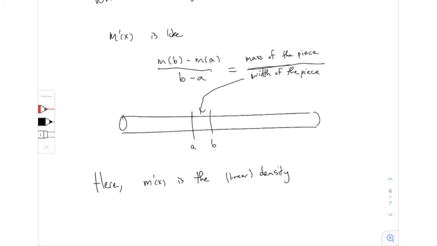The linear density of the rod at various points. That's what this function represents. So like m prime of 2, it means the density of the material right at distance 2 away from the left end. All right? Which obviously is a useful thing if you really cared about non-homogeneous rods.